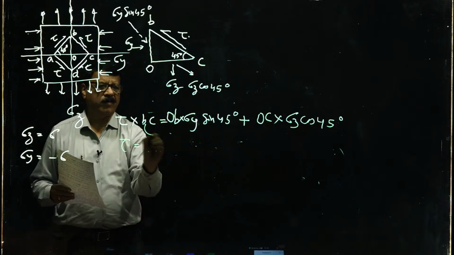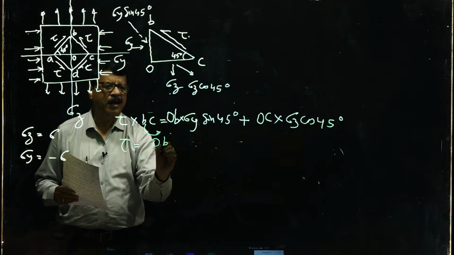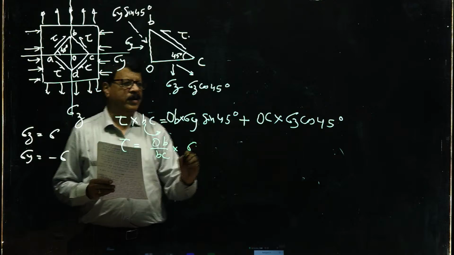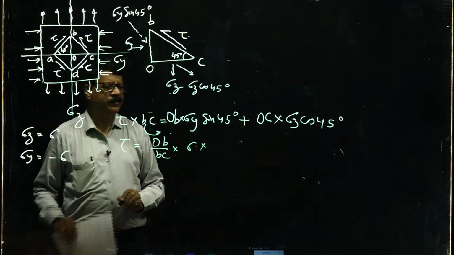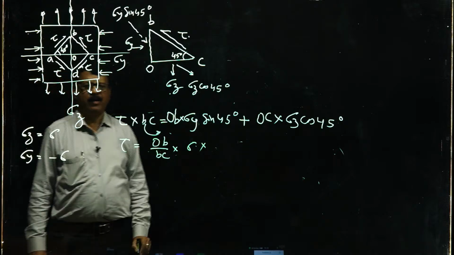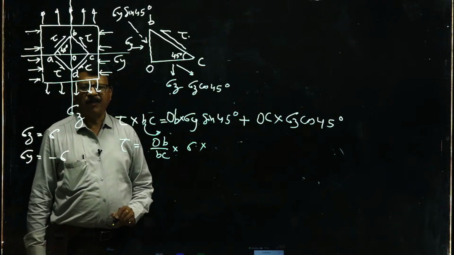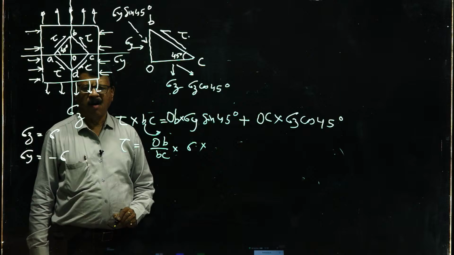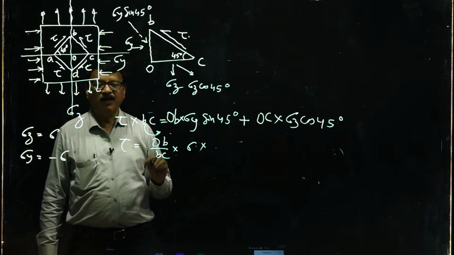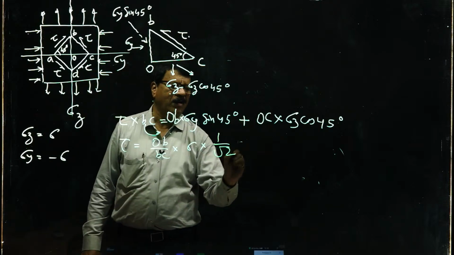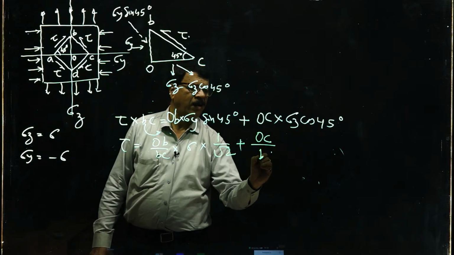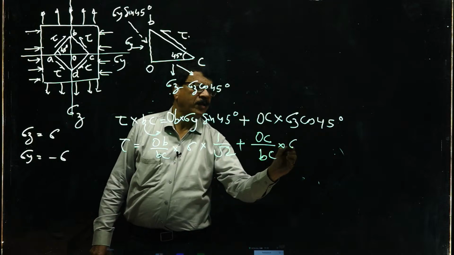If you divide by BC, then OB by BC times sigma sin 45. What is the value of sin 45? Sin 45 is 1 upon root 2. And what about cos 45?